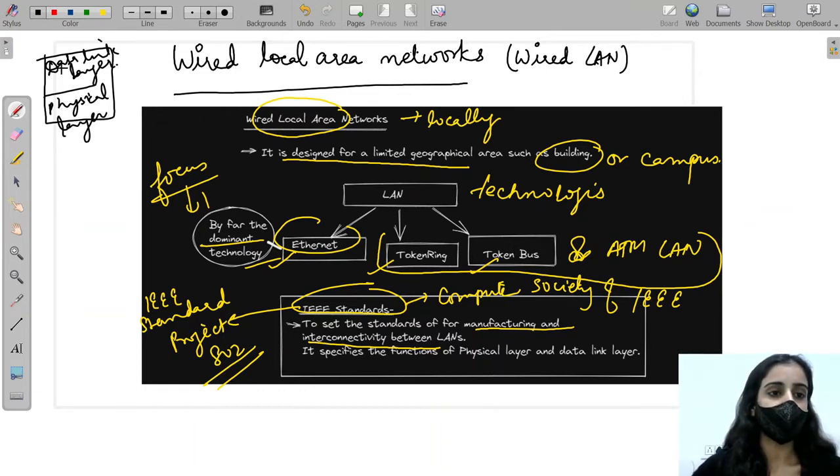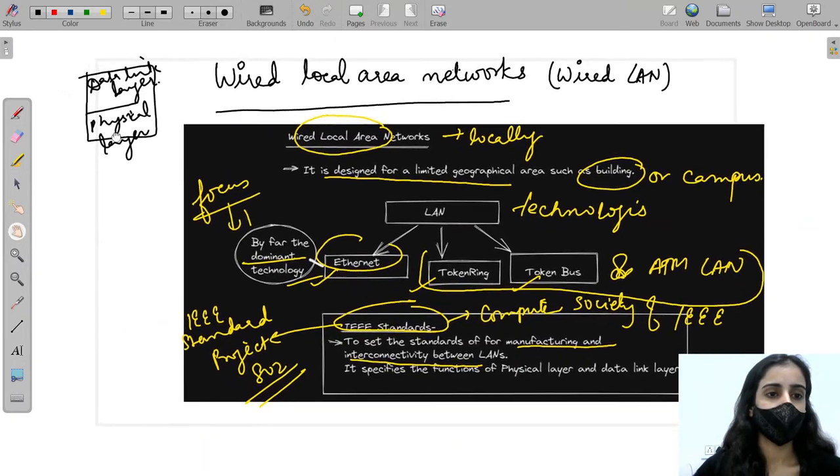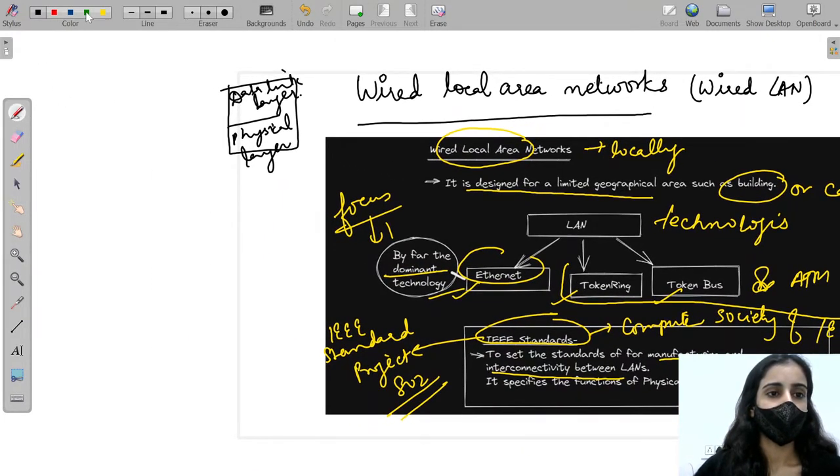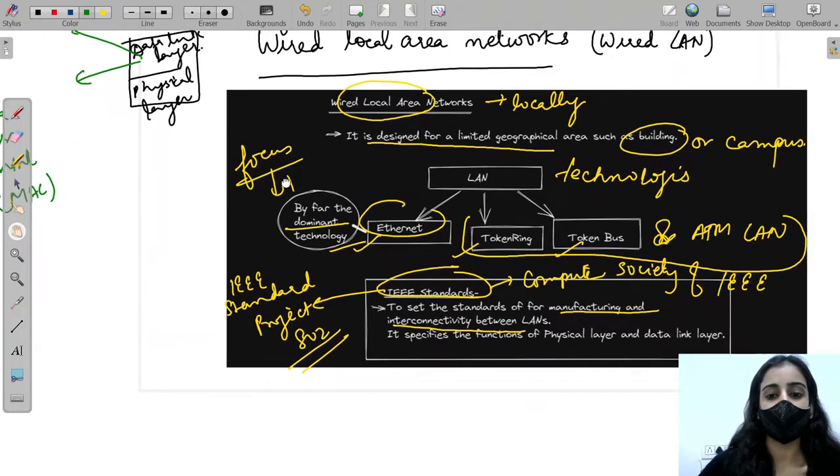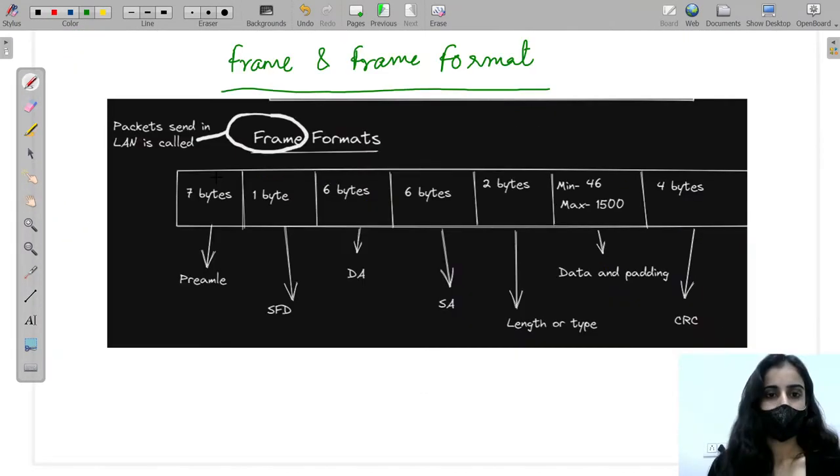It has divided this data link layer into two sub layers that are logical link control, which is LLC, and media access control, which is MAC layer. So this is what Ethernet standards are. I hope you understood the IEEE part.